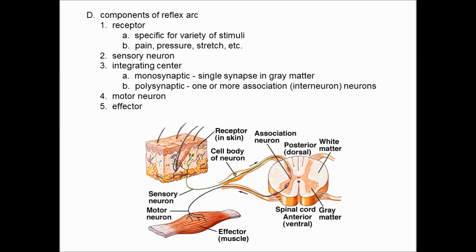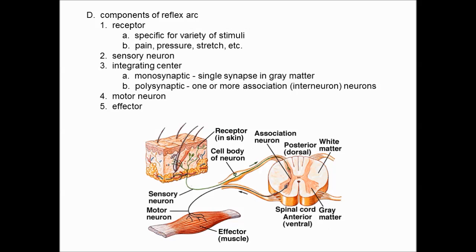So a variety of stimuli can initiate these responses. These receptors are often coupled to, or themselves are, sensory neurons that conduct that information back through the dorsal root to the nerve cord.